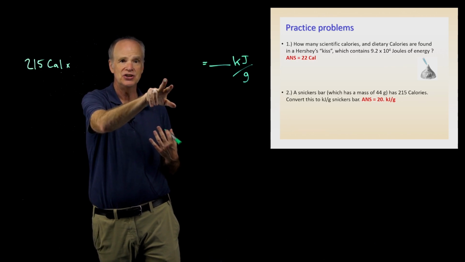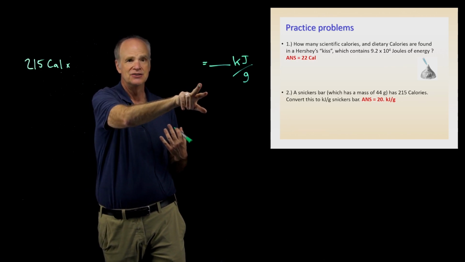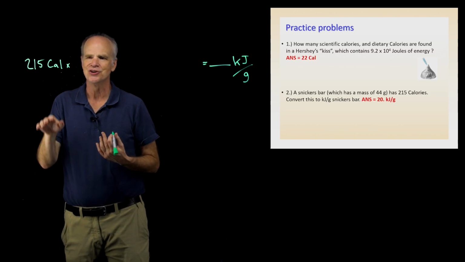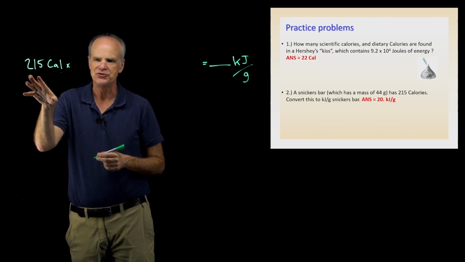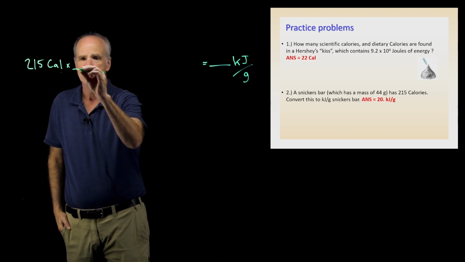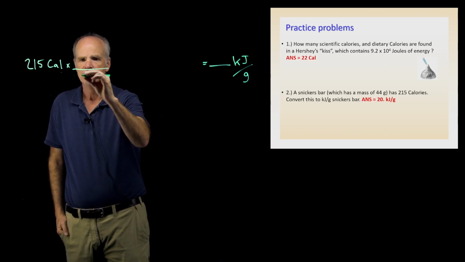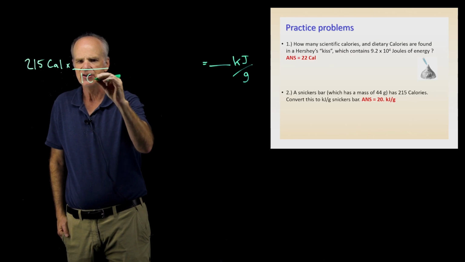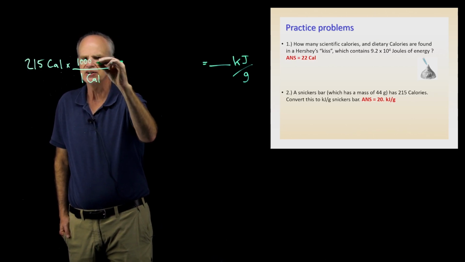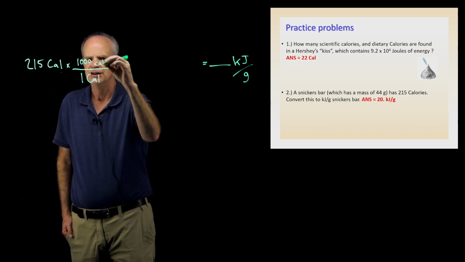Then we can get that into kilojoules, and I'll show you a trick to get that into kilojoules per gram. Okay, so here we go. Here we're starting out with 215 dietary calories. Let's get this into scientific calories. I'm hoping you know at this point, we want 1 dietary calorie here in the denominator and 1,000 scientific calories, so little cal, in the numerator.